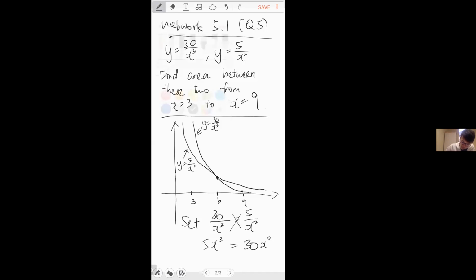So the area that I'm interested in is this part and this part.